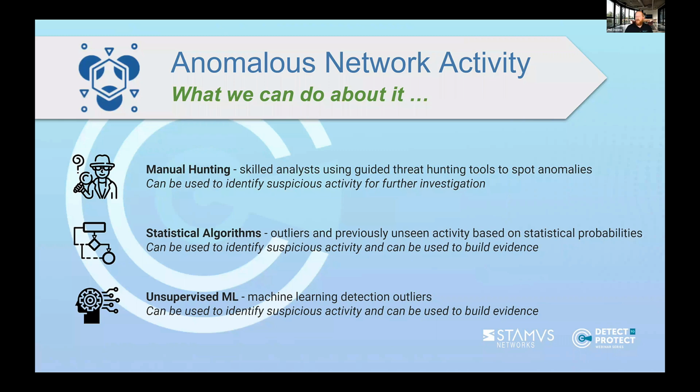Manually hunting, we've talked about this, right? A person definitely has the ability to find and spot anomalies, especially if they understand what the network looks like and how people should be utilizing the network infrastructure. Statistical algorithms, right?